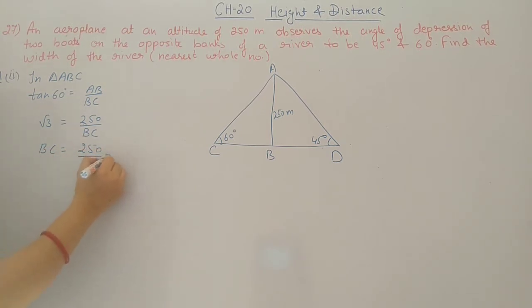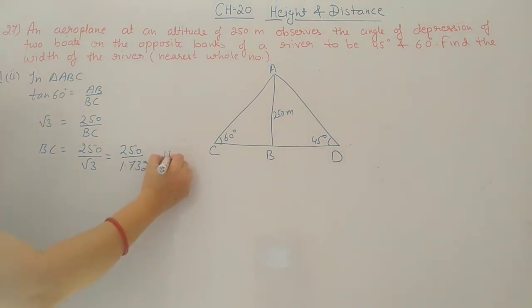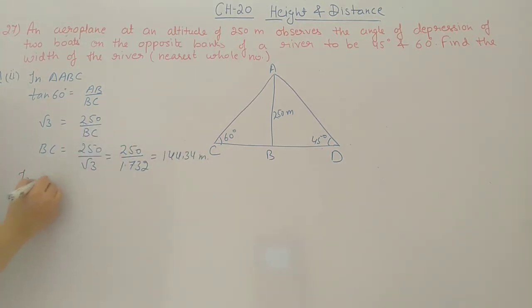Substitute the √3 value and do the calculation. You will get 144.34, same like the first part. Now another triangle, triangle ABD. Tan 45 is equal to height by base. Tan 45 value is 1, AB is 250 and BD we have to calculate.